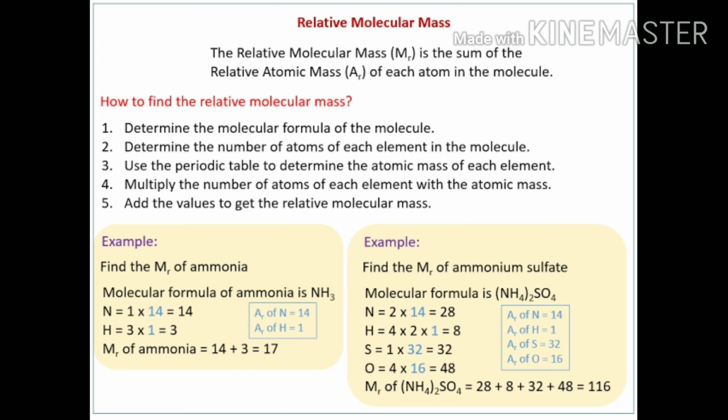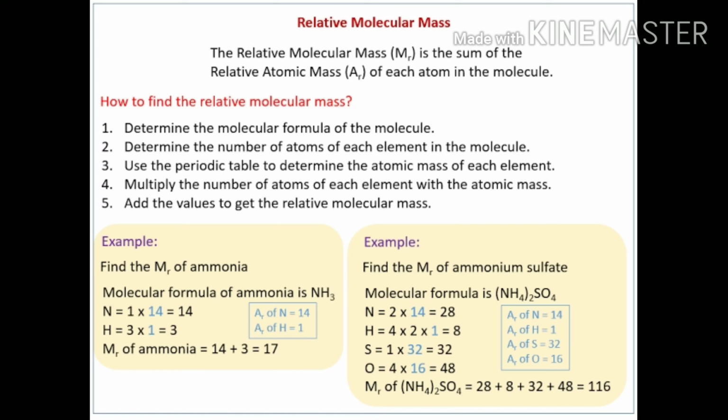Then you find the atomic mass. Nitrogen is 14, so 14 into 2 equals 28. The atomic mass of hydrogen is 1, and there are 4 multiplied by 2, that equals 8. Sulfur has 1 atom and atomic mass 32, so 32 into 1 equals 32. Oxygen atomic mass is 16 and the number of atoms is 4, so 16 into 4 equals 64.